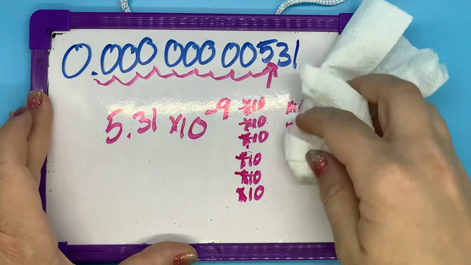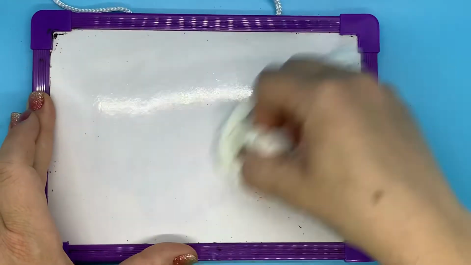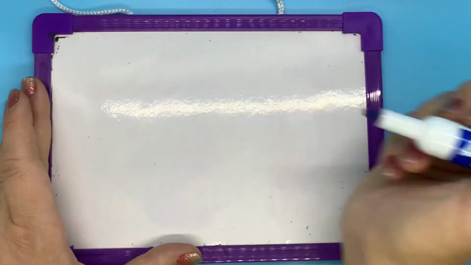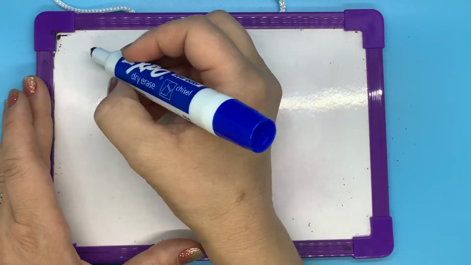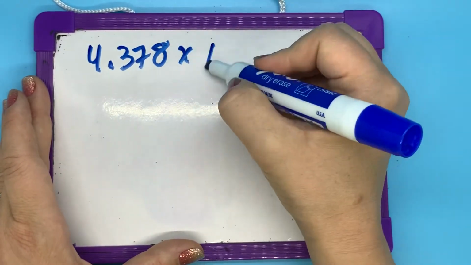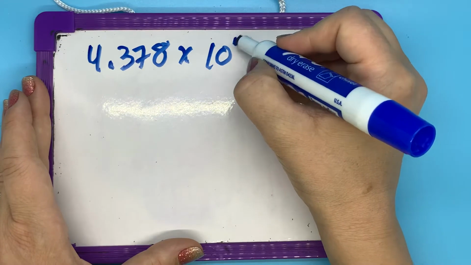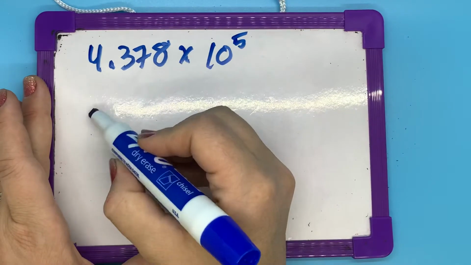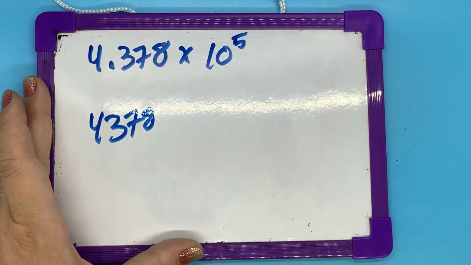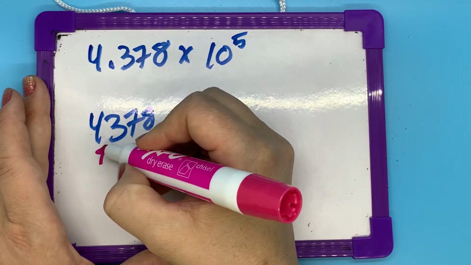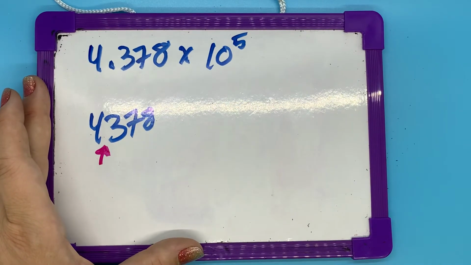Now if you wanted to go the other direction, now you have a number written in scientific notation. So I'm going to go back here. Maybe we have 4.378 times 10 to the 5th power. The first thing you do is write your numbers out without the decimal: 4378. We know that our decimal point was originally here, so mark where it was, because that's where you're going to start counting from.